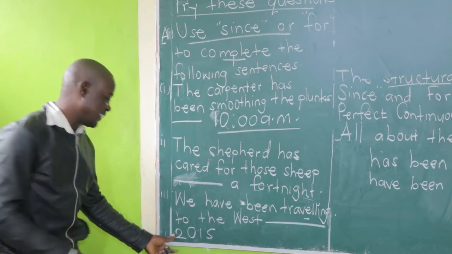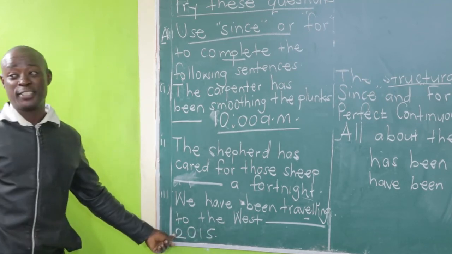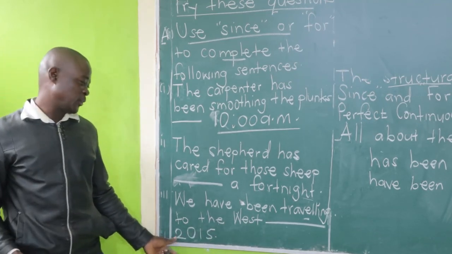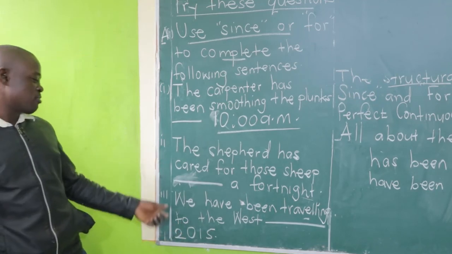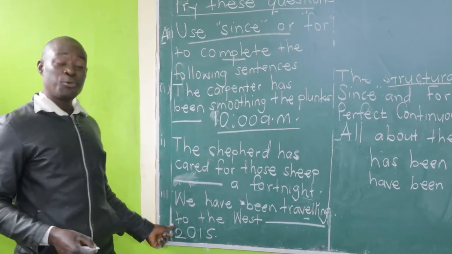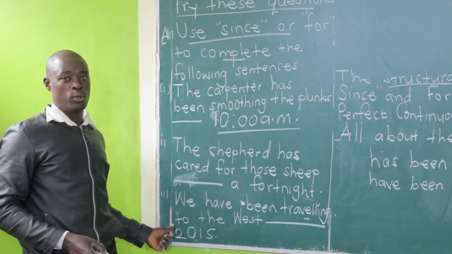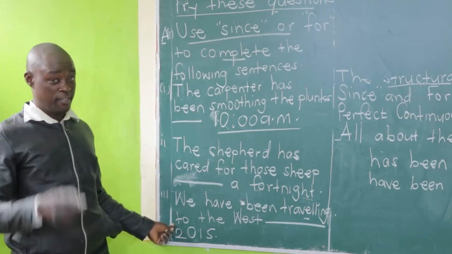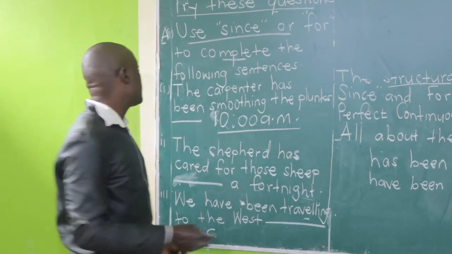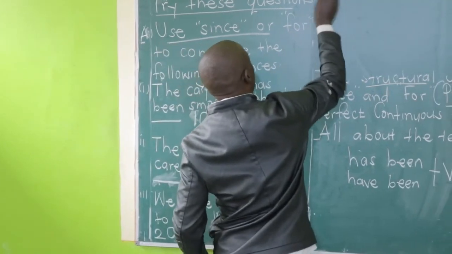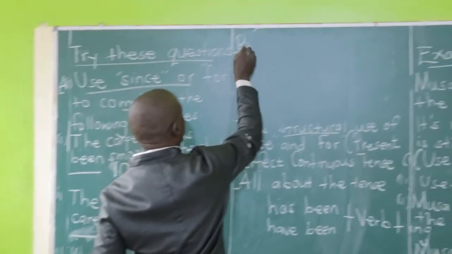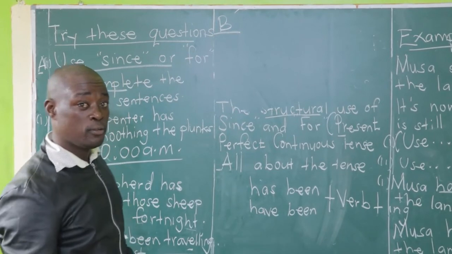The question is, is 2015 a point of time or duration? So are we going to say we've been traveling to the west for 2015 or since 2015? The choice is yours.